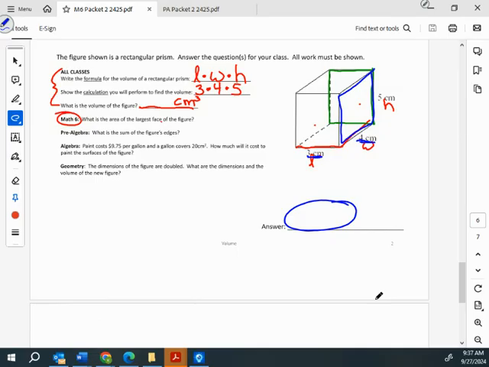Then I'm going to multiply 3 times 5 for the other face. Then I'm going to multiply 4 times 5 for that last face. You need to write out all 3 of those equations, what they equal, and your answer is the largest one. Does that make sense? All right, next page.